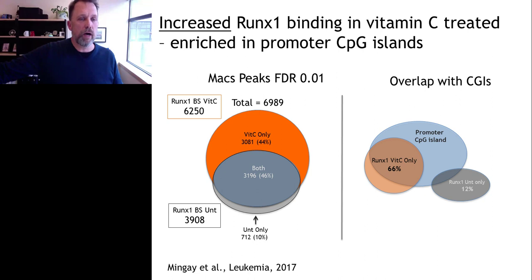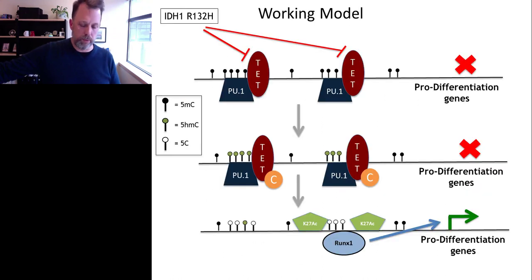Looking at the left-hand panel here, these are regions in the genome bound by PU.1 and RUNX1 by ChIP-seq, and you can see a large gain of RUNX1 binding following vitamin C treatment, suggesting perhaps that vitamin C leading to the binding of PU.1, recruiting TET2, leading to hydroxymethylation, is then allowing for RUNX1 recruitment.